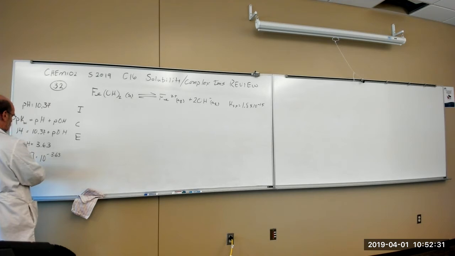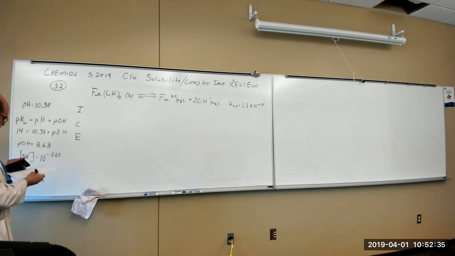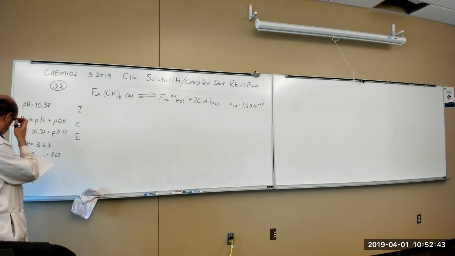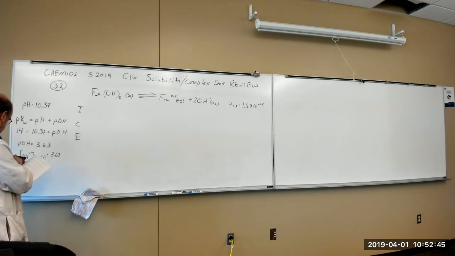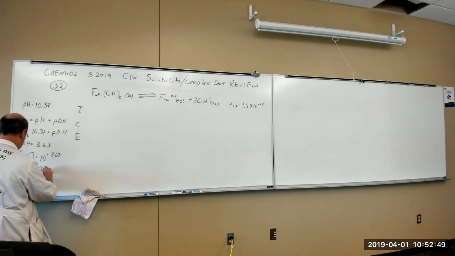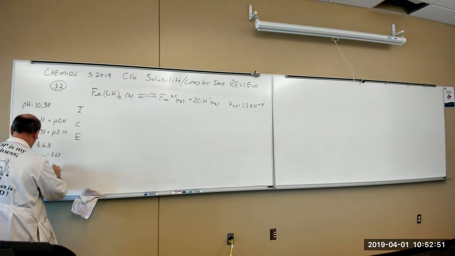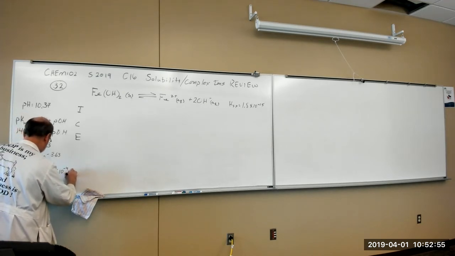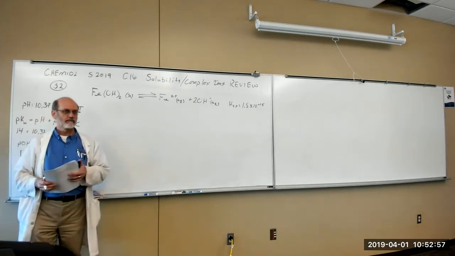So if you know pOH is 3.63, it equals the negative log of that concentration.